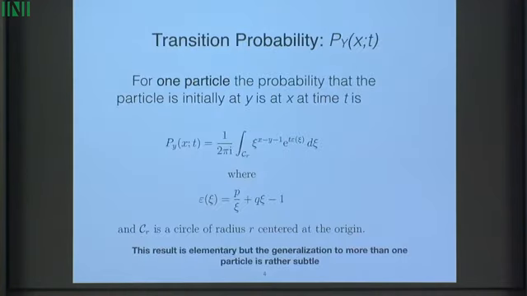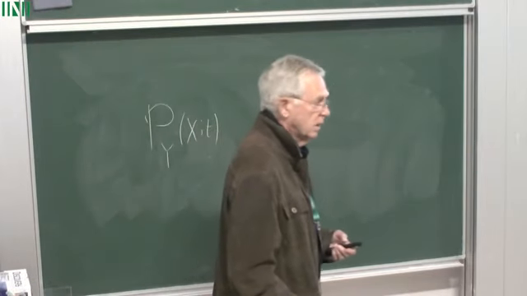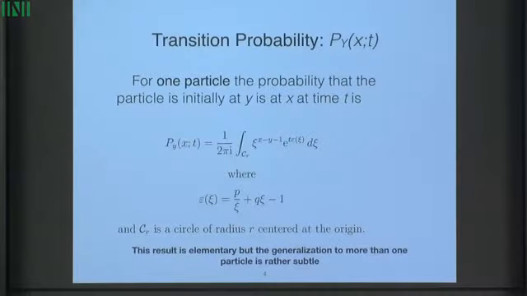Okay, now for one particle, what are we interested in for a stochastic process, a Markov process? Typically, the basic object is a transition probability. Suppose I start in state y, and I want the probability at time t that I'm in state x. For a finite number of particles, the state is specified by saying where the particles are.